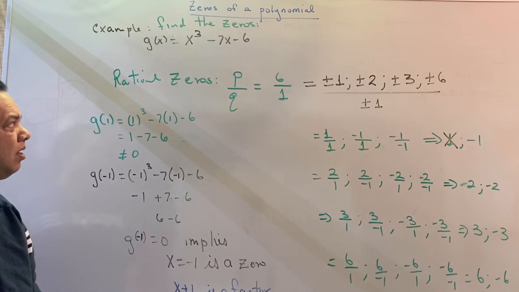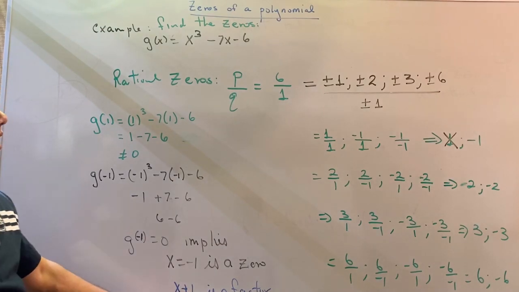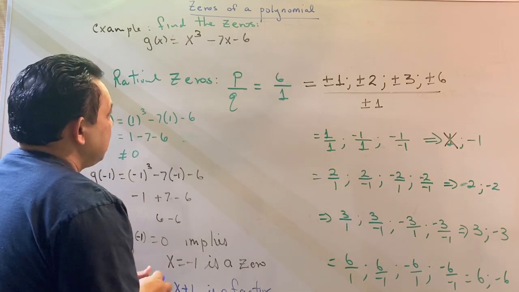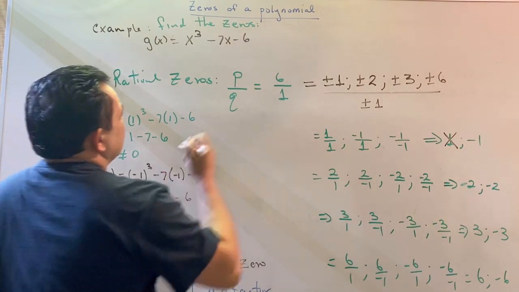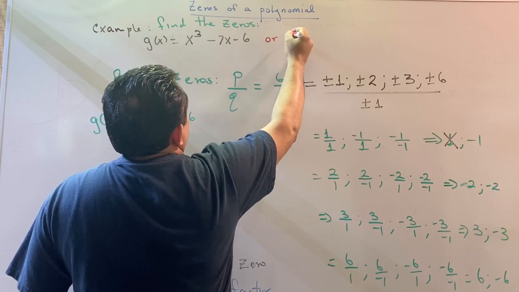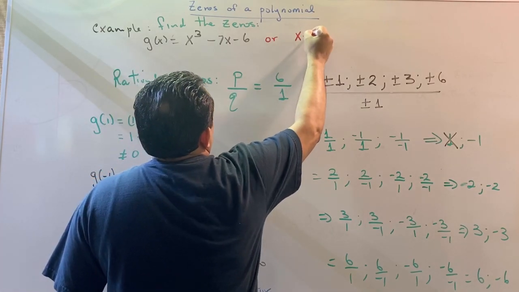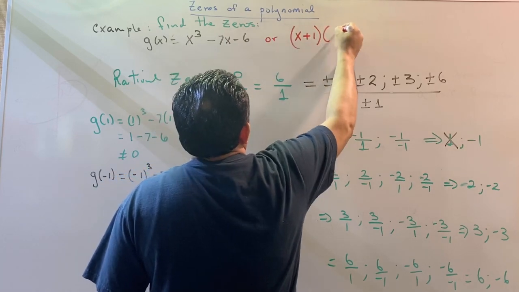Okay? So if x plus 1 is a factor, it means that g of x is the same as x plus 1 times some quadratic.